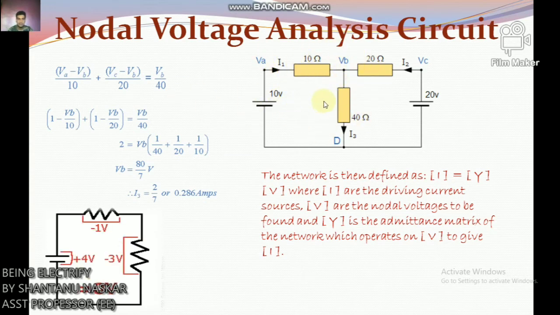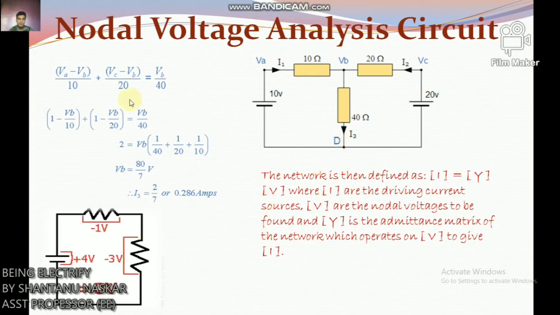Now in the above circuit, please listen carefully, node D is chosen as the reference node and the other three nodes are assumed to have voltages VA, VB, VC with respect to node D.